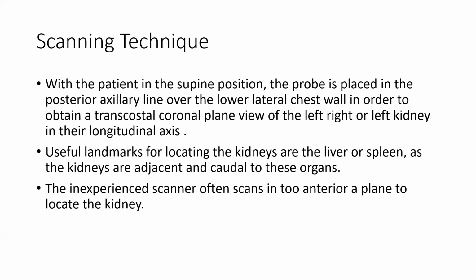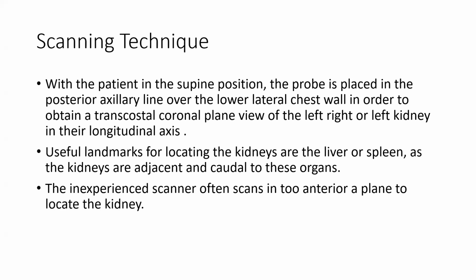Now the scanning technique. With the patient in supine position, the probe is placed in the posterior axillary line over the lower lateral chest wall in order to obtain a transcostal coronal plane view of the right or left kidney in the longitudinal axis. Useful landmarks for locating the kidneys are the liver or spleen, as the kidneys are adjacent and caudal to these organs.